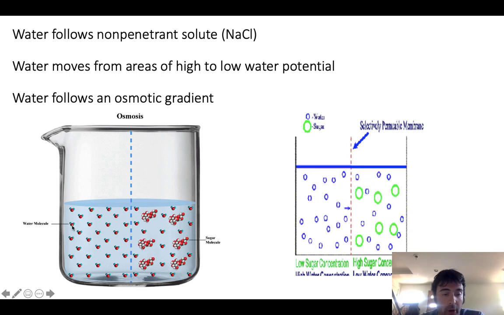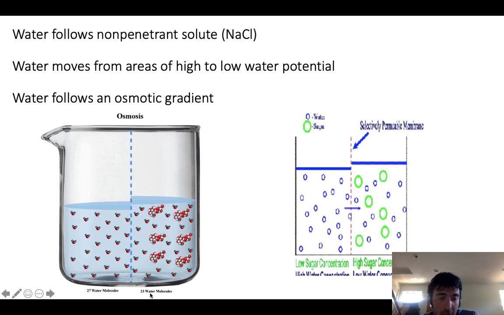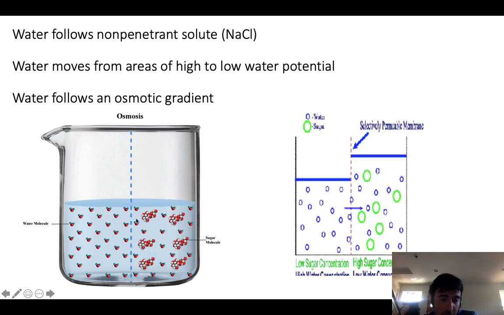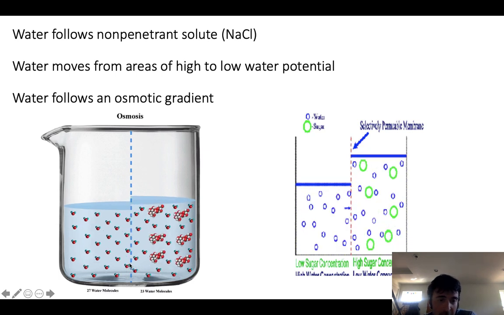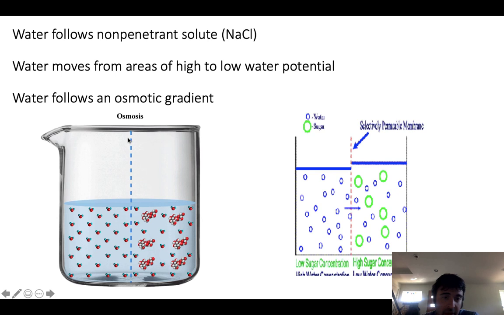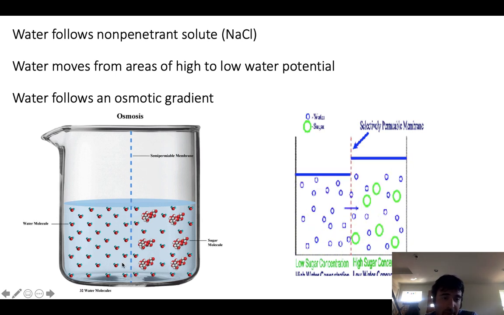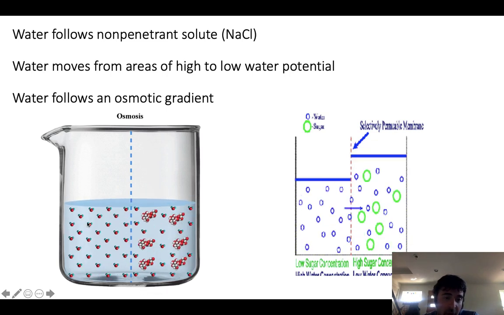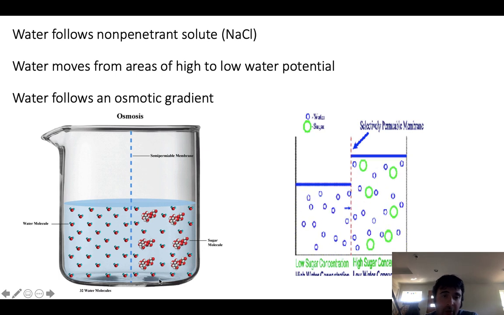So let's look over here. You have water molecules, you have sugar molecules. Over here you have 32 water molecules, over here you have 18 water molecules. Before this process occurs, you have this membrane that's permeable to water but not to sugar. That's important. In the beginning, when it resets itself, you have 32 water molecules over here and only 18 water molecules over here.